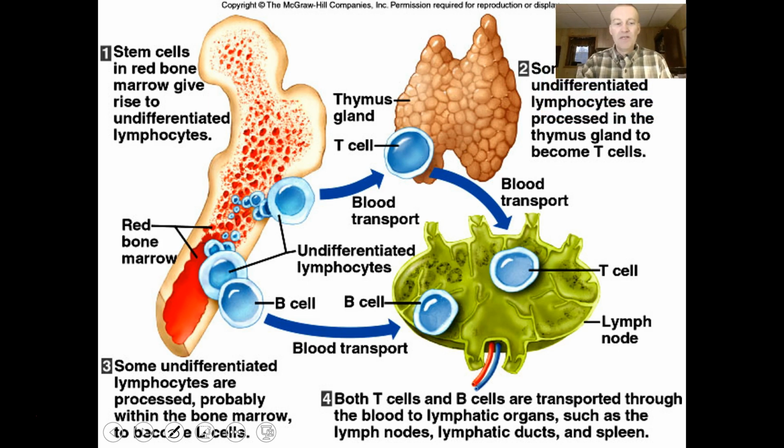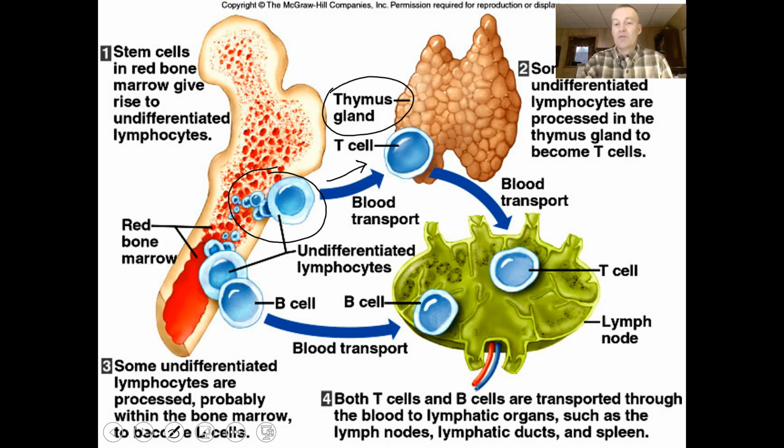Now, these B cells and T cells are created in the bone marrow, so they come from the hemocytoblast. T cells travel in the bloodstream to the thymus, a place where these T cells are presented with your self-antigens.